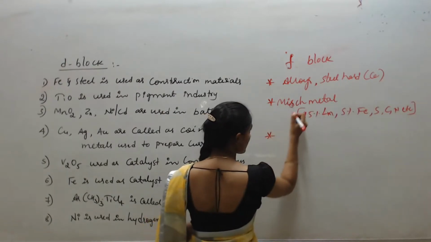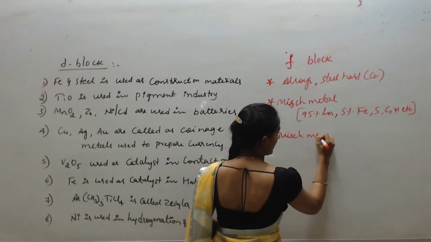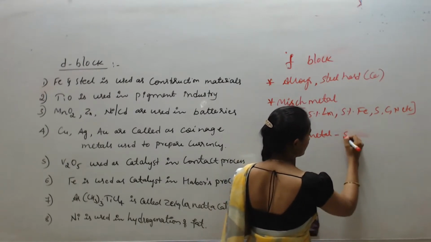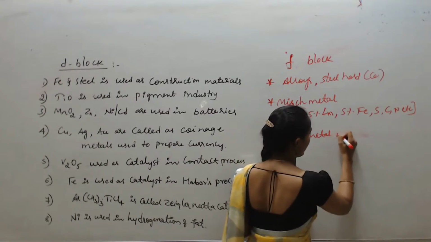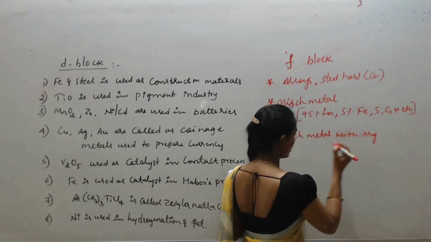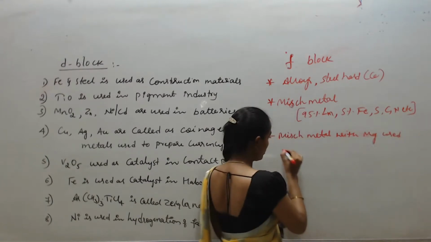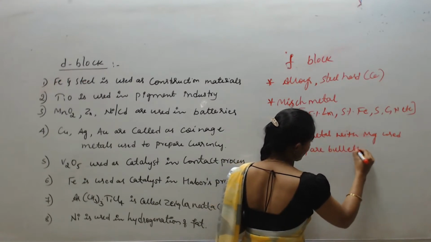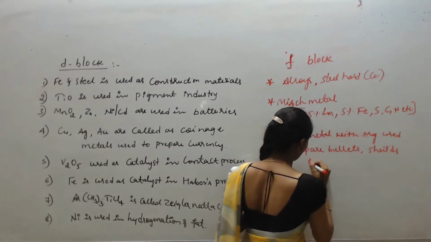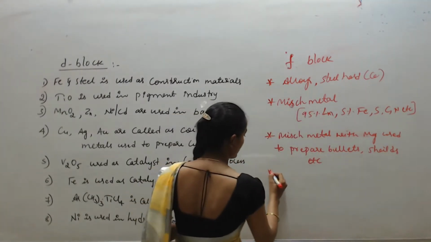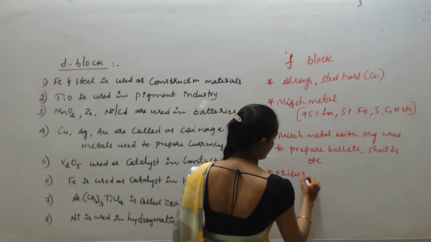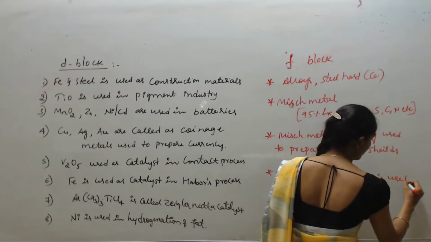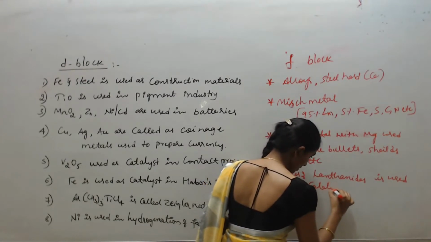Okay, so next one, this mixed metal with magnesium is used to prepare bullets, shields, etc. Okay, so the oxides of lanthanides are used as catalysts.